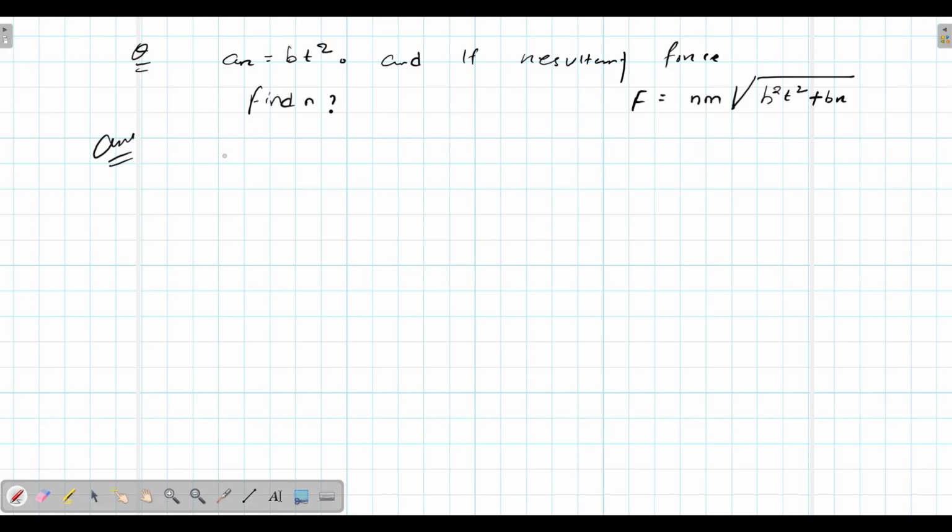a_r equals b t square. So radial equals v square by r equals b t square. V square equals how much? V square equals b t square into r. So V equals how much? V equals root over of b r into t.